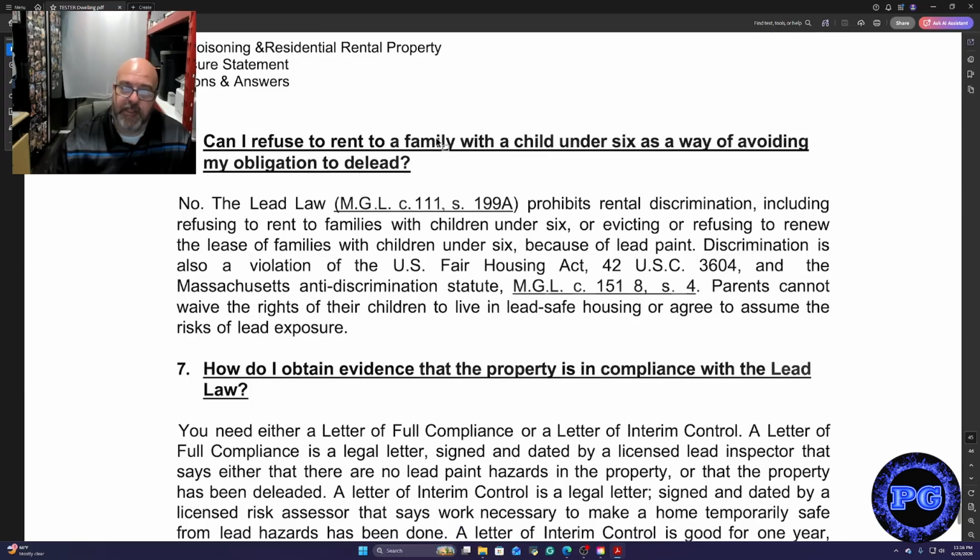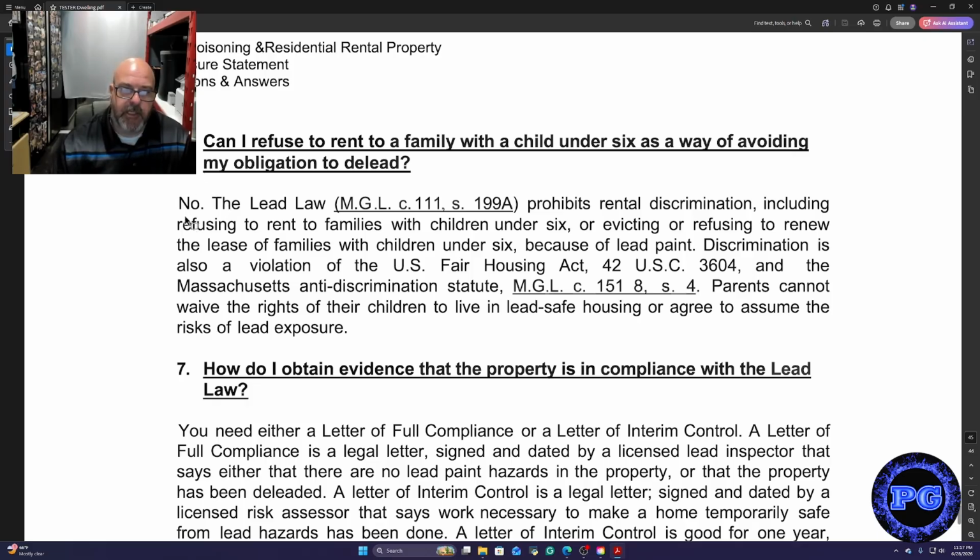Can I refuse? This is a good one. I want to read this one because it was interesting when I was doing real estate more full time. Can I refuse to rent to a family with a child under 6 as a way of avoiding my obligation to de-lead? So can you say, I don't want to pay for de-leading, can I just refuse to rent to a family because they have a child under 6?